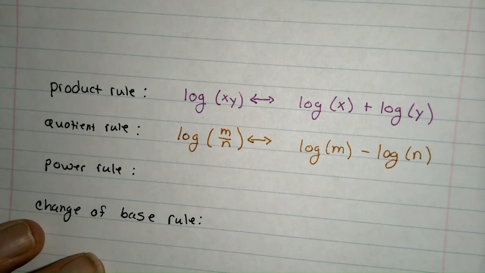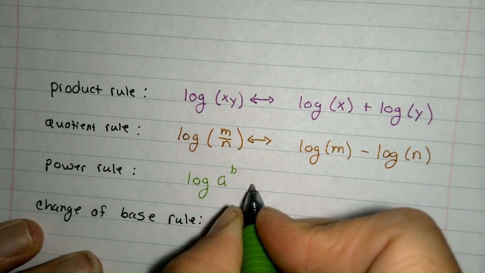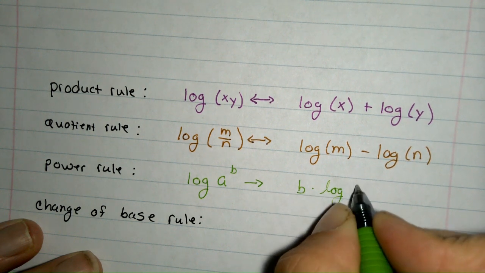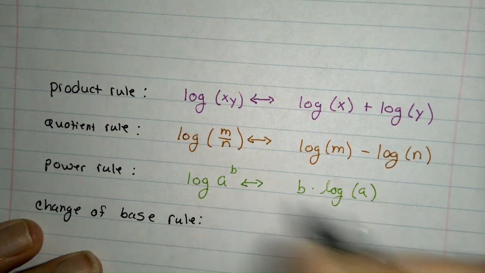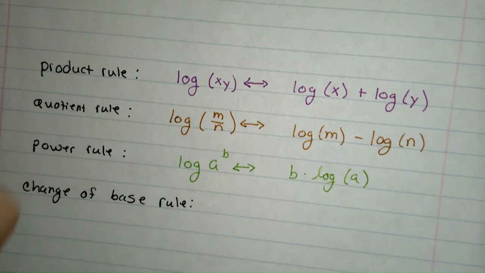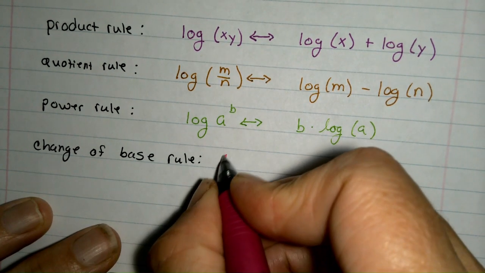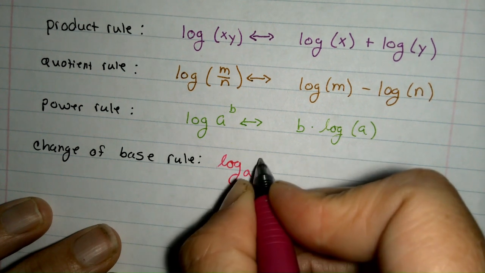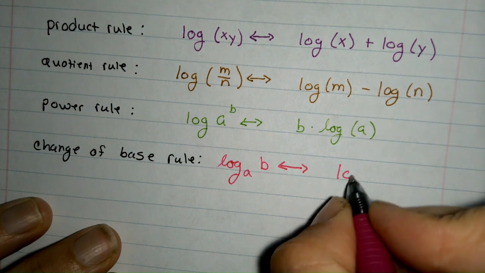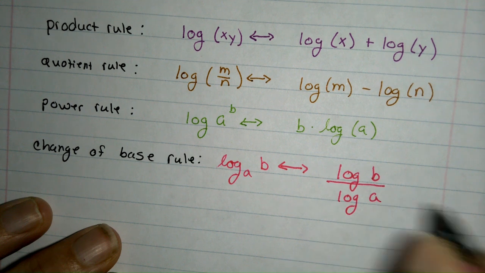If you have a power, that power can move out front as a multiplier. And remember, it goes both ways. And then change of base rule, log base A of B. And they do go both ways as well. Goes to log of B divided by log of A.